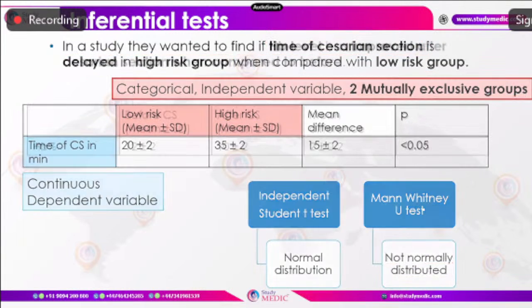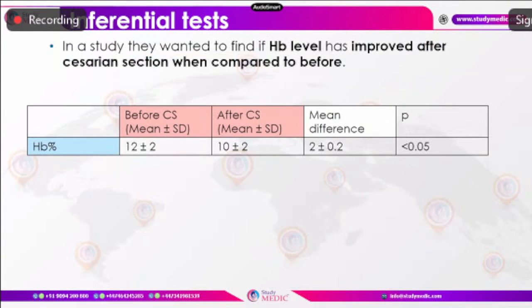Now we will see if, in a study, they wanted to find out the hemoglobin level, which is a continuous variable, whether it has improved. That is the objective they want to see. That means they want to see the difference before and after the cesarean section.